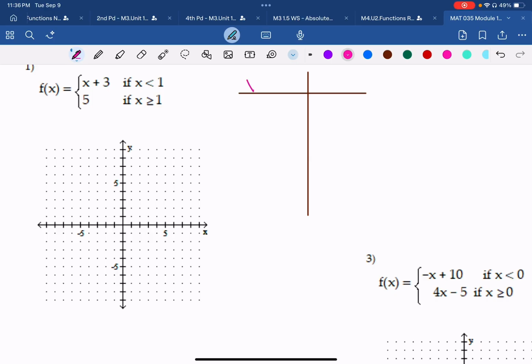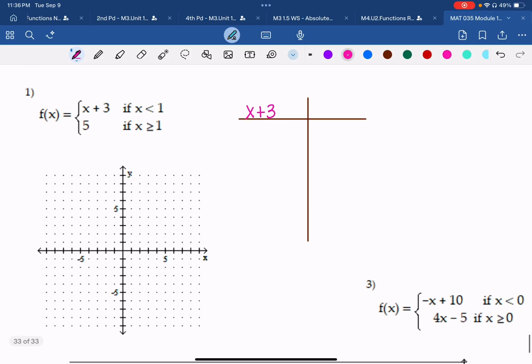So I've got x plus 3, and that's only true if x is less than 1. That means no values bigger than 1 are going to be valid for this graph. Let me show you what this means.